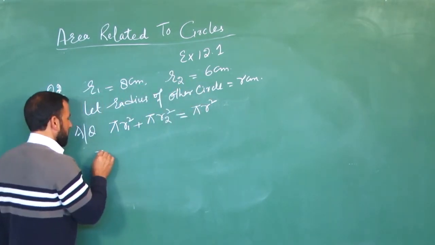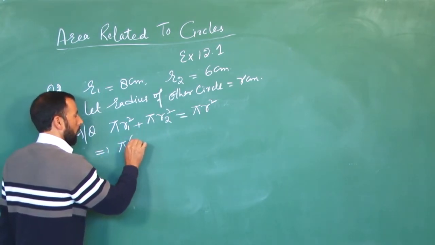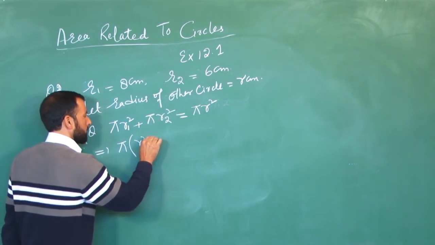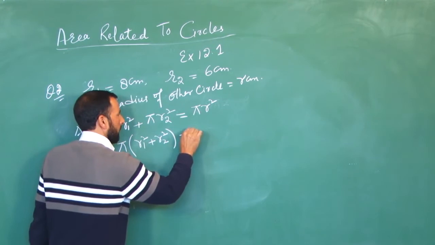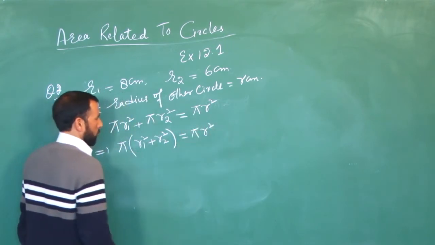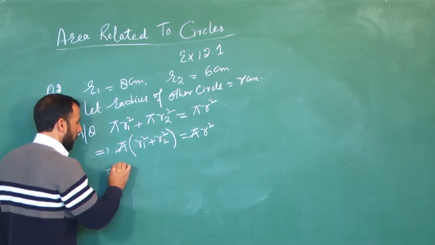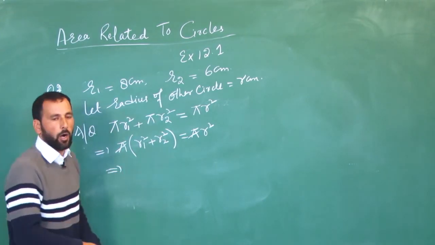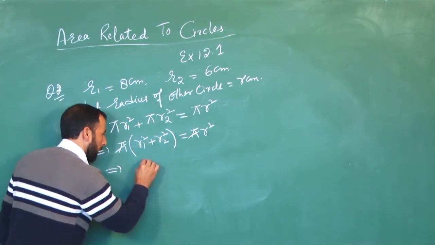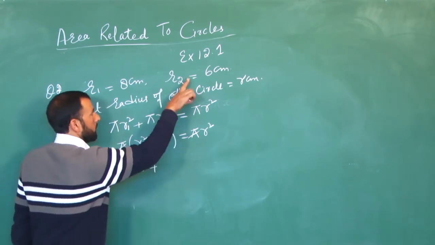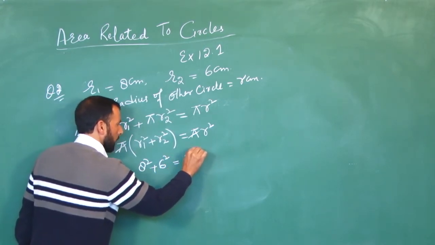That implies we can take pi common. We get pi into r1 square plus r2 square is equal to pi into r square. So here pi and pi cancel, it becomes r1 square plus r2 square equals r square. The value of r1 is 8. So what is r1 square? It is 8 square plus r2 is 6, 6 square is equal to r square.